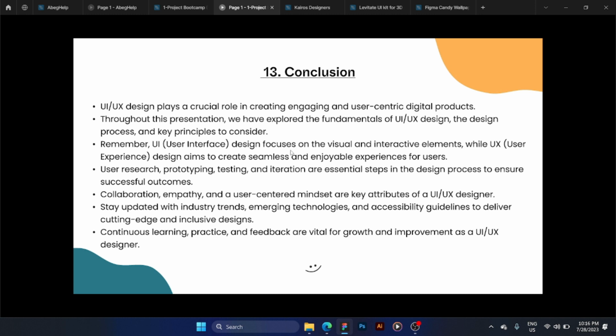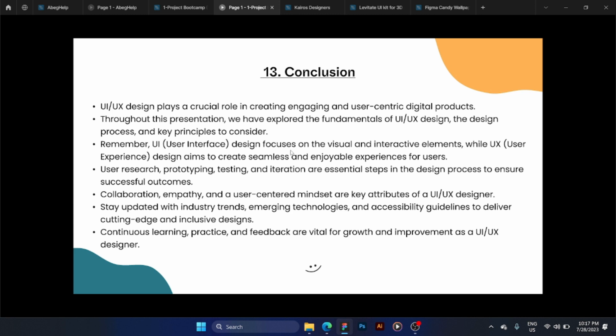User interface design focuses on the visual and interactive elements, while user experience aims to create seamless and enjoyable experiences for users. Do you get that now?